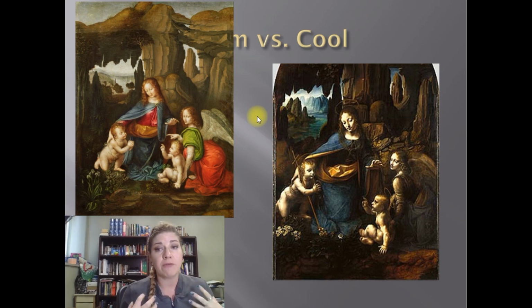We have the same four figures, although it is a little bit different, right? The mood is completely different because our color scheme, our line, our composition, our figural interactions feel very similar. However, we've taken away having those bright reds and oranges in the fabrics of our female figures.